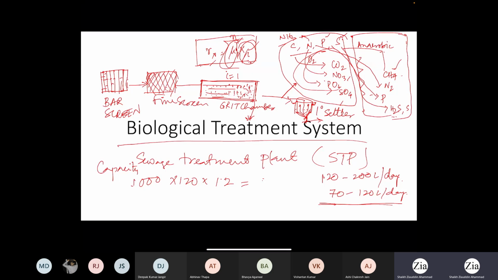So the nutrients, carbon, nitrogen, or phosphorus, sulfur, which are already present in a dissolved form in the liquid, will go with the clear liquid, which will come from the top of the settler, and this clear liquid will be given to the biological treatment system.